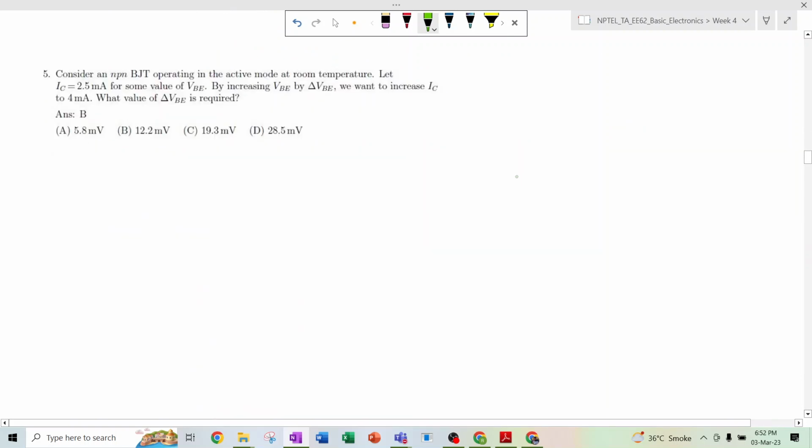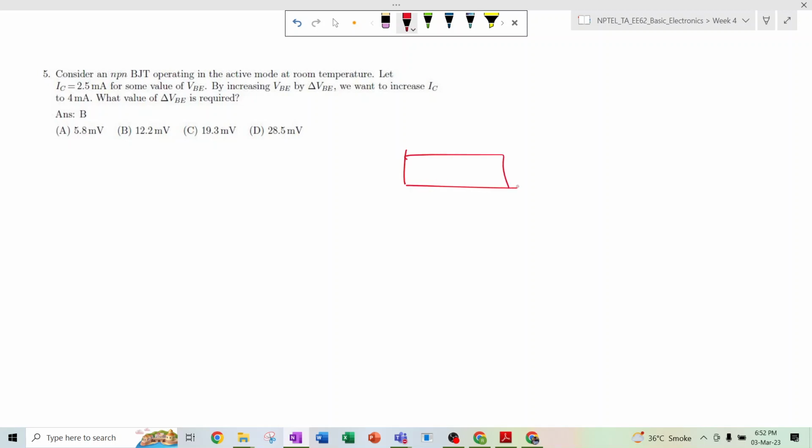Okay. So moving forward to the next question. Consider a NPN BJT operating in the active mode at room temperature. So suppose there is NPN. This BJT is operating in the active mode in room temperature.